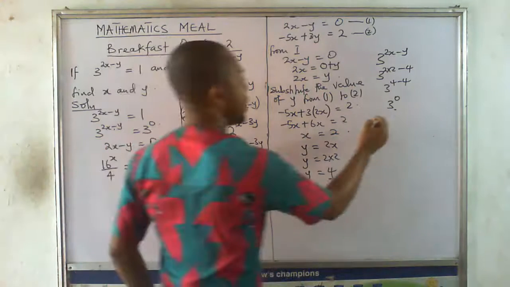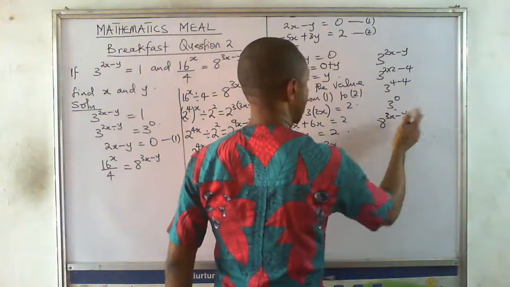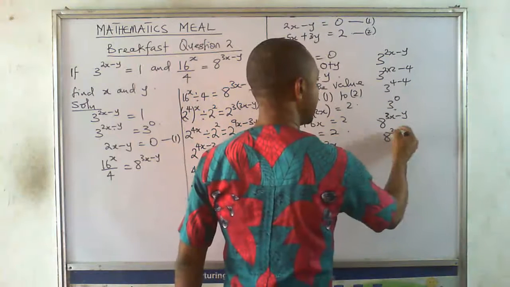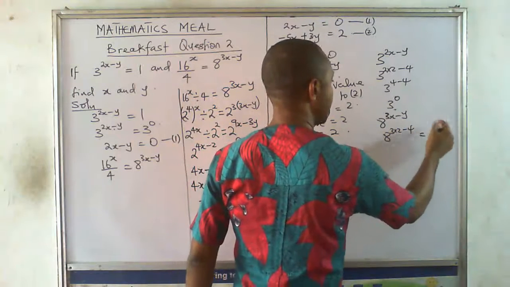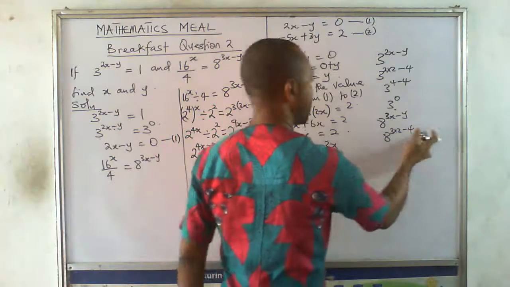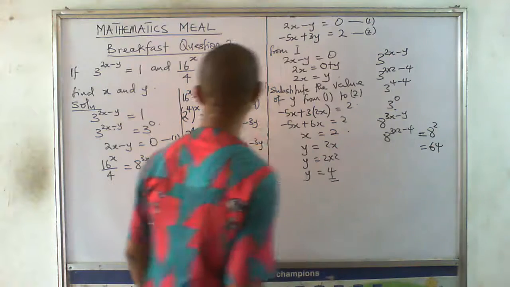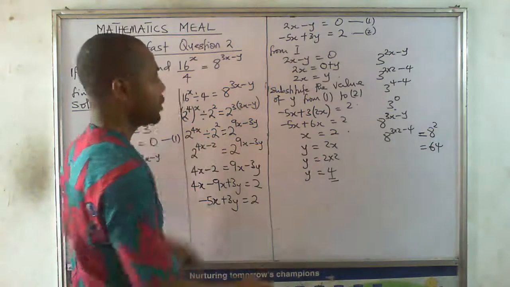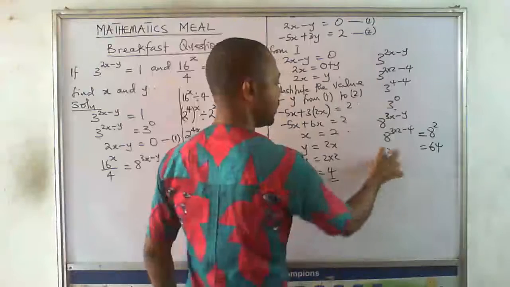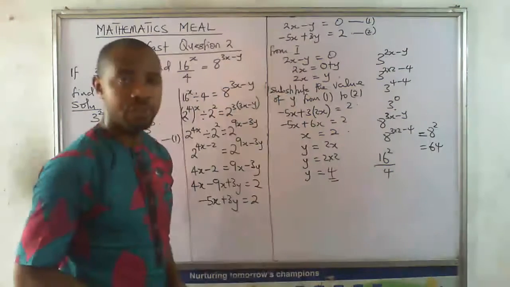If you test it again here, we're going to have 8 raised to the power 3x minus y on that side. 3 times 2 minus 4, 3 times 2 is 6, 6 minus 4 will give us 2. So I have 8 raised to the power 2, which will give us 64. Now if x is 2, I have 16 raised to the power 2 all over 4. 16 raised to the power 2 is 256. If you divide it by 4, you also have 64.